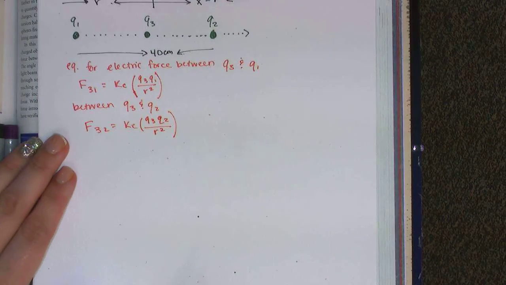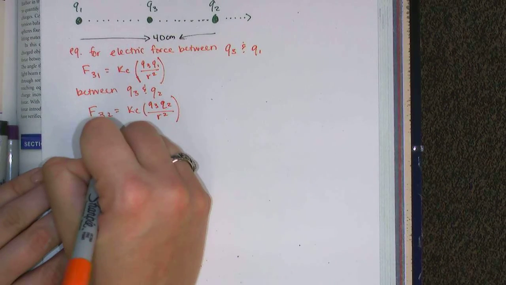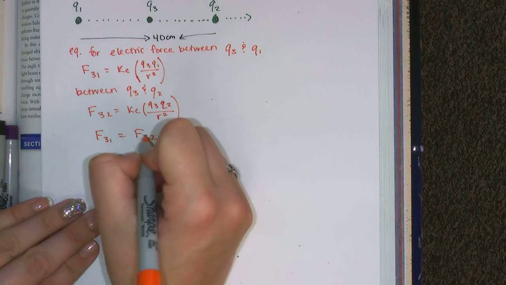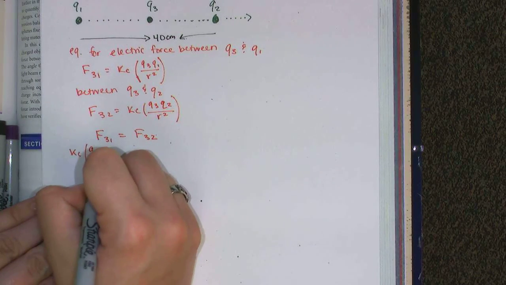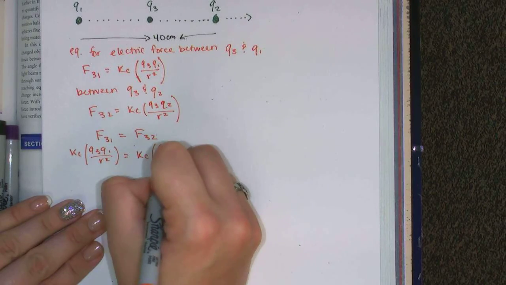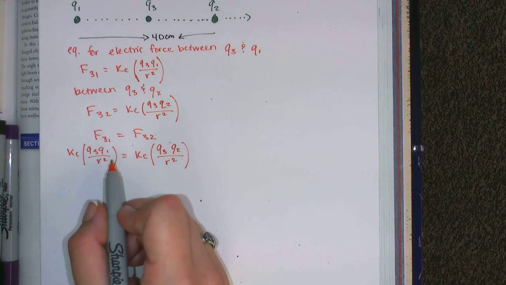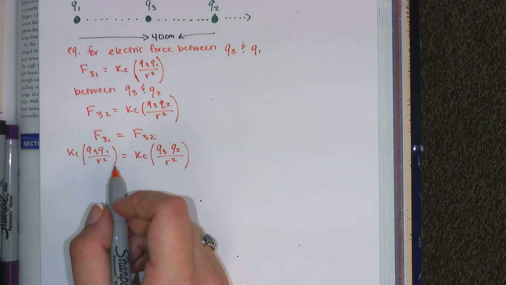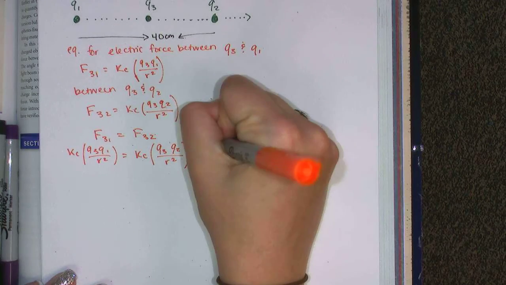So then I'm looking for the equilibrium position, so I'm going to set these two equal to each other. So F31 is equal to F32: K sub C Q3 Q1 over R squared is equal to K sub C Q3 Q2 over R squared. So then I need to solve for, well, I'm trying to get R basically by itself, because that's what I'm trying to find, that position.